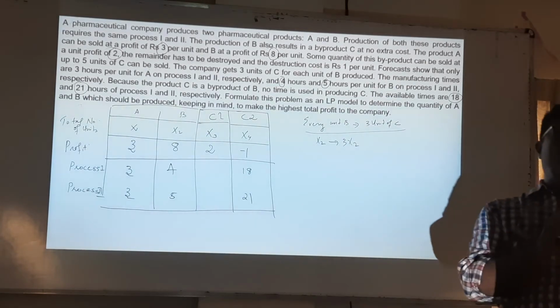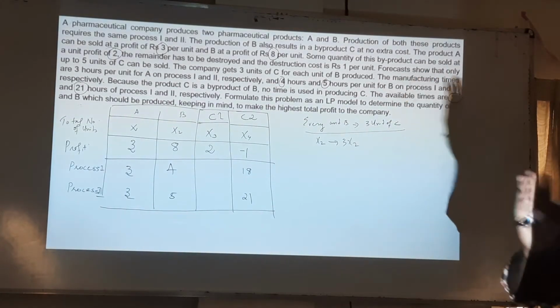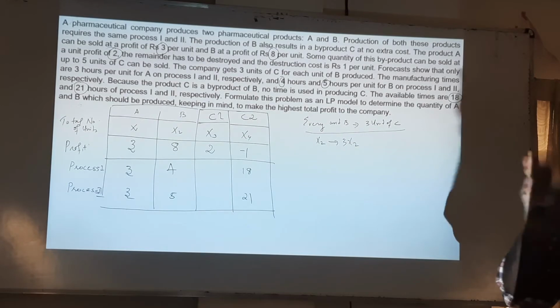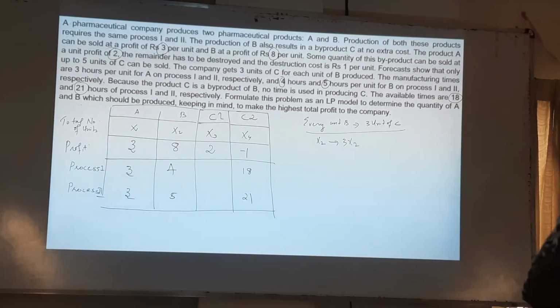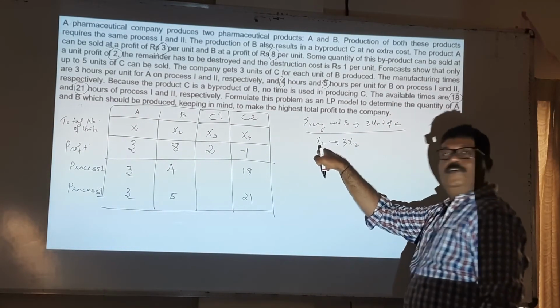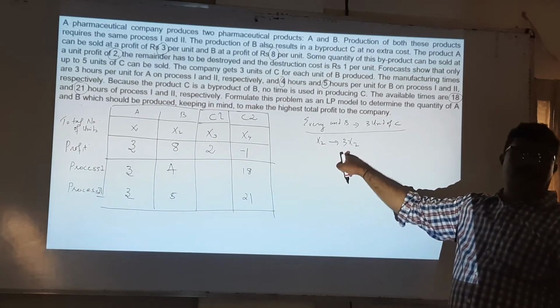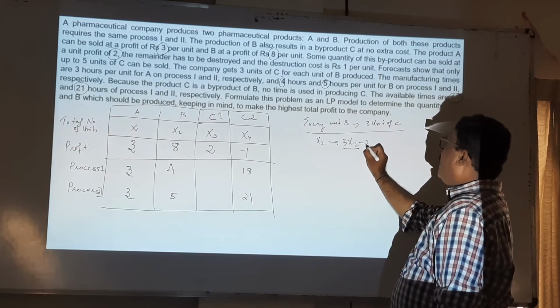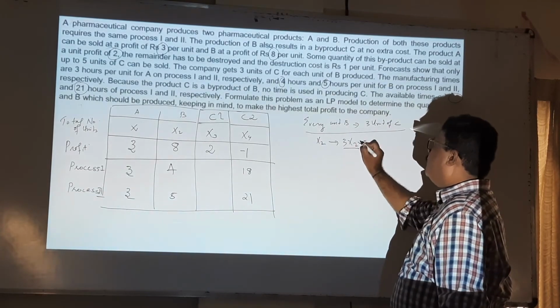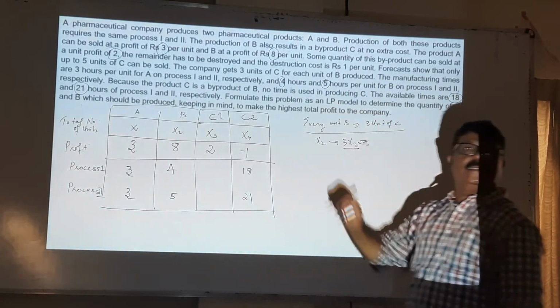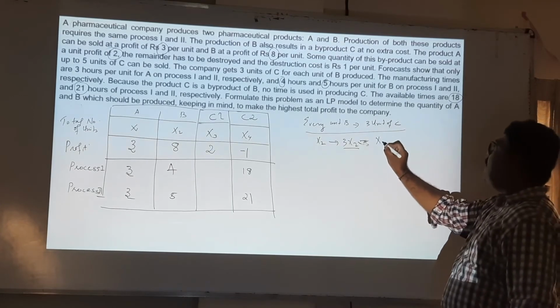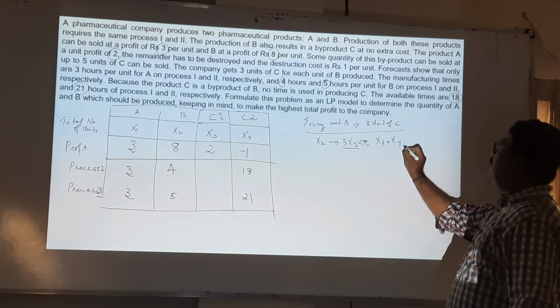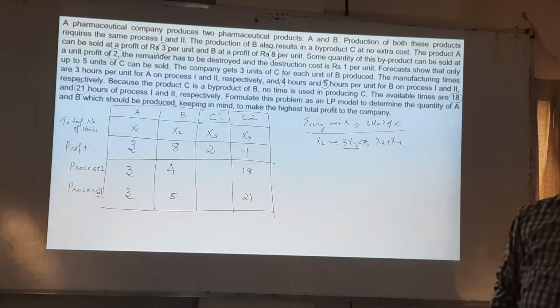Correct? 2 units of B means 6 units of C. 5 units of B means 15 units of C. So X2 units of B means 3 into X2 units of C. So 3X2 is equal to X3 plus X4. This is the thing which you need to understand. The other things are very, very easy.